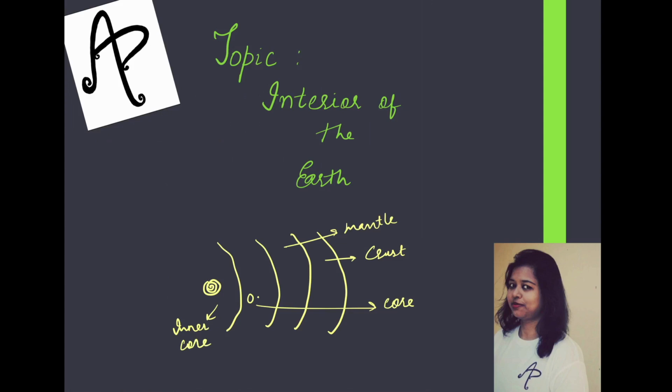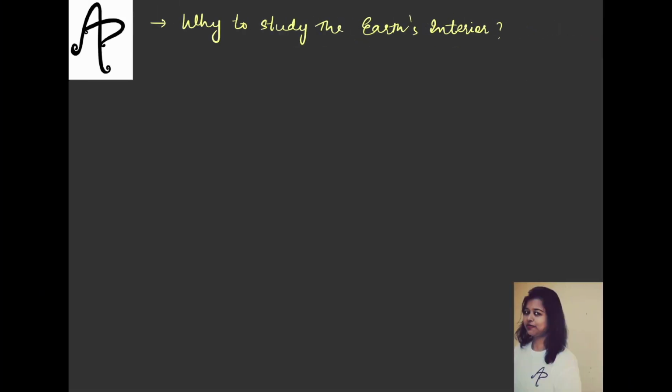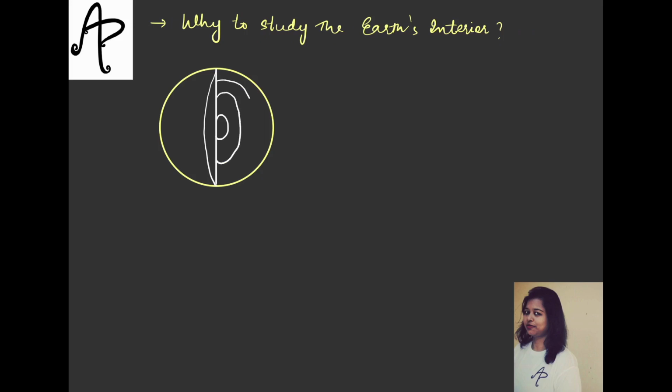If you want, you can also have the diagram like this, something like this in a 3D format which will help you understand that. So if we see the intersection, we will have the outer layer as the crust.